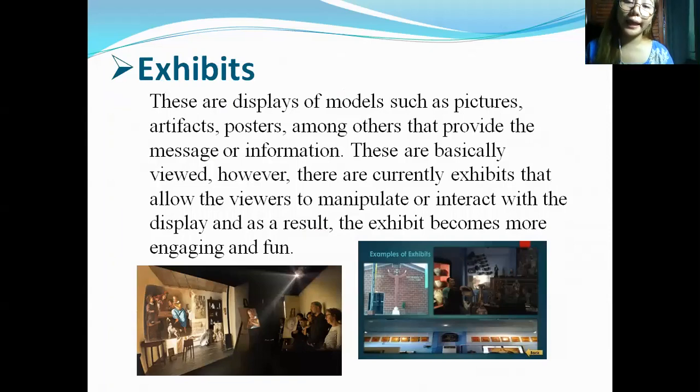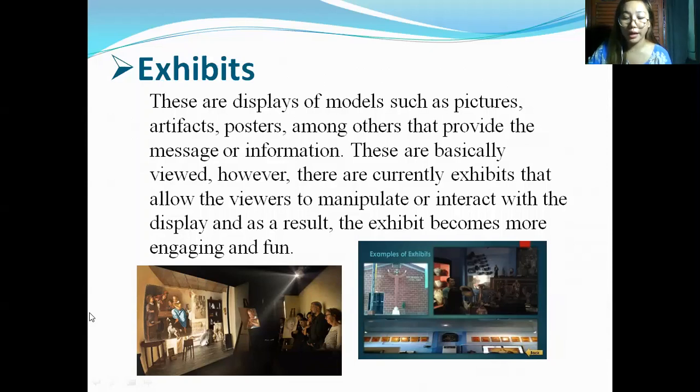These are displays of models such as pictures, artifacts, posters, among others that provide the message or information. These are basically viewed, however, there are currently exhibits that allow the viewers to manipulate or interact with the display, and as a result, the exhibit becomes more engaging and fun.